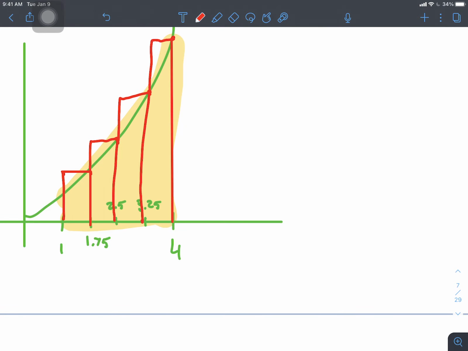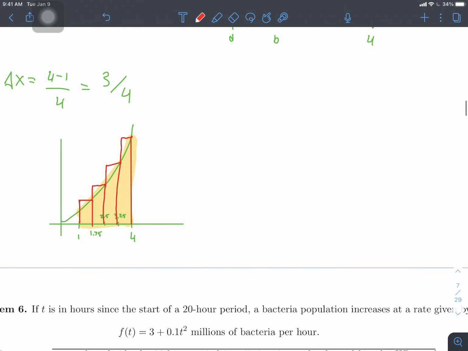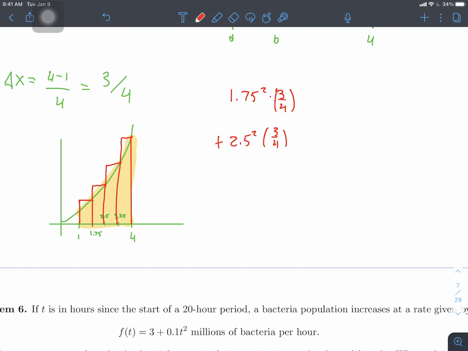And from here, it's literally the same process. We just add up these heights. Well, the height of the first one is 1.75 squared times 3/4. That is the width of the rectangle, right? The second rectangle has height 2.5 squared and width 3/4.